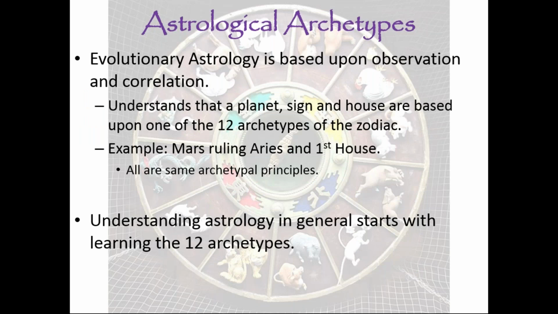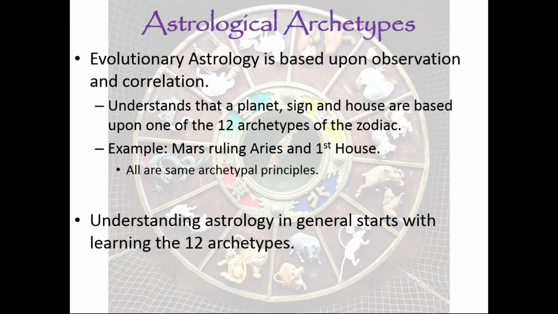First of all, a basic understanding from the perspective of evolutionary astrology. It's based upon observation, correlation, and it also understands that we have 12 main archetypes. For EA, the planet and the sign and house that it rules is considered one archetype.